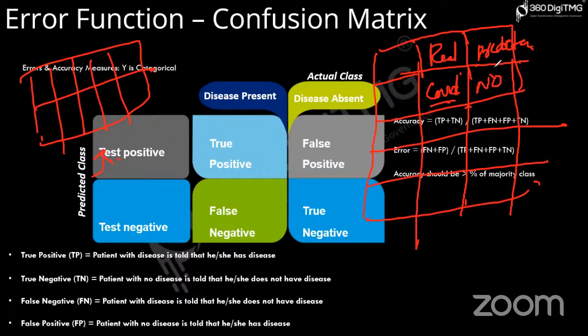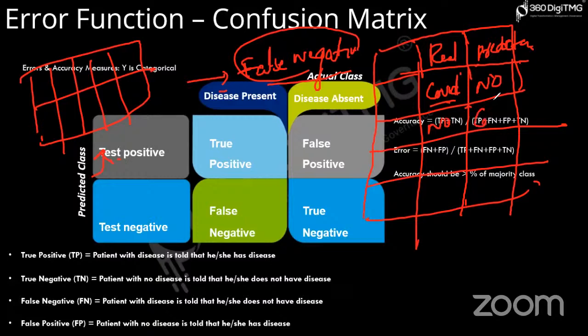In that case, it is a false negative. You have COVID, but it is predicting you don't have COVID. When you have no COVID, but it is predicting COVID, it is called false positive.